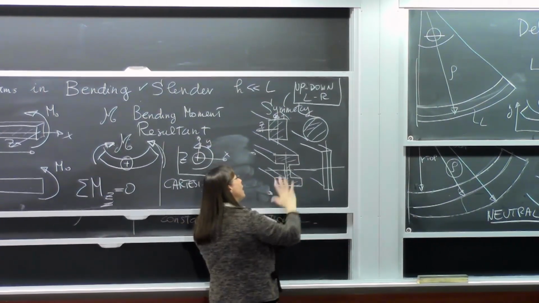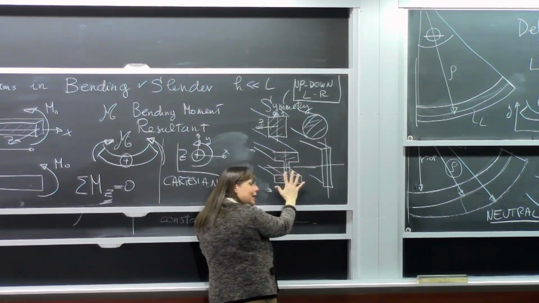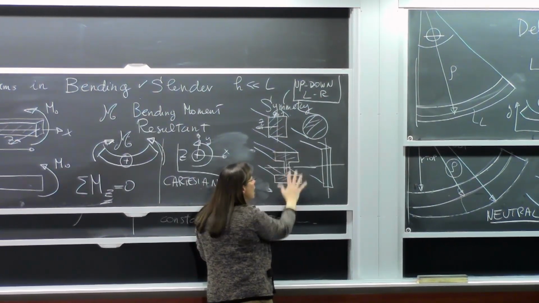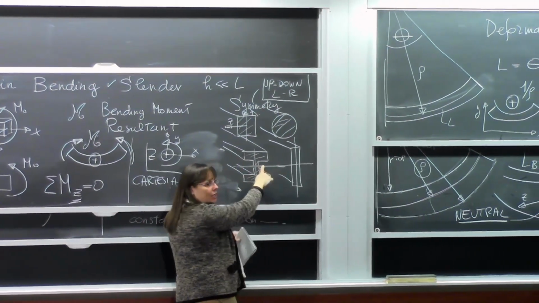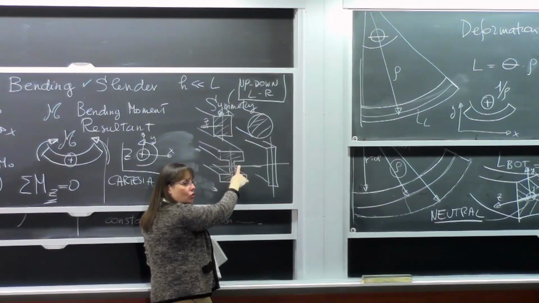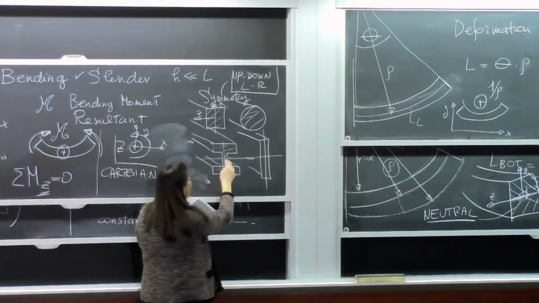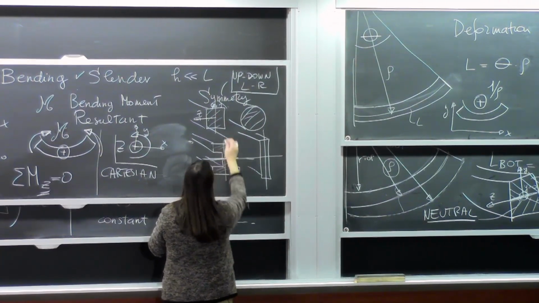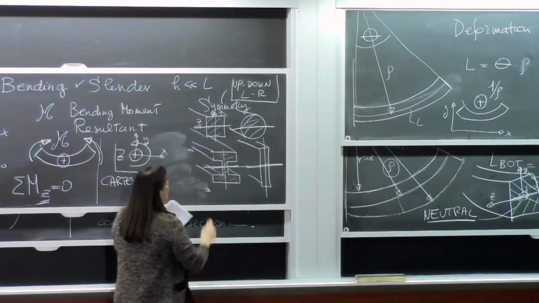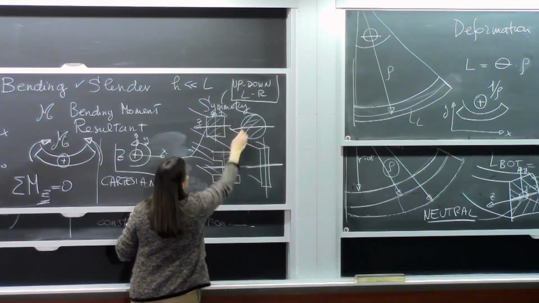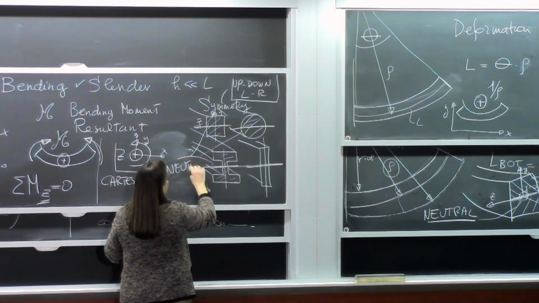So if I want to balance the compressive stress in the top and the tensile stress in the bottom, as long as the sections are symmetric, I know that the middle is the one that's going to be 0. So for all our beams in 201, the neutral axis is always going to be right at the axis of symmetry of the beams. These are all the neutral axes of the beam. Neutral, Switzerland.